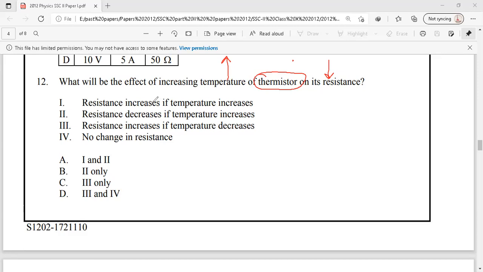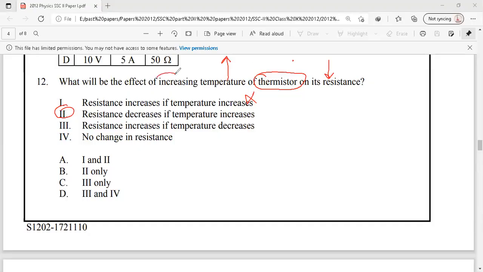So, resistance increases, temperature increases. This is incorrect. Resistance increases, temperature decreases. This is the right answer. Resistance increases and temperature decreases, and there will be no change in the resistance.